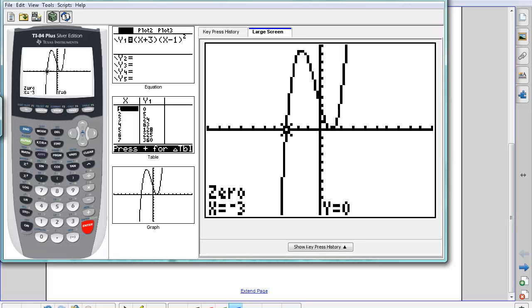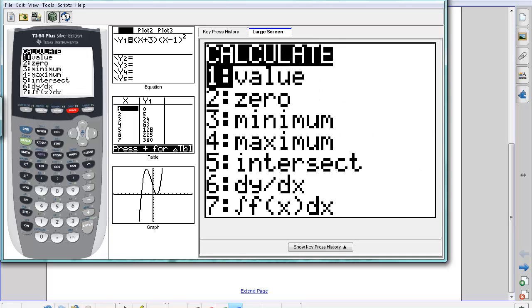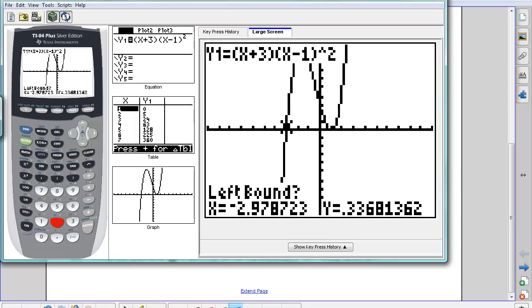It's at -3, which again we said we knew from the function, but we can see that this gives us that zero pretty easily. We can do that whole process again to look at this other zero where it touches the x-axis. We can hit second trace again, go to number 2. Again, we want to go to the left side for the left bound of this x-intercept, so I'm going to arrow over here.